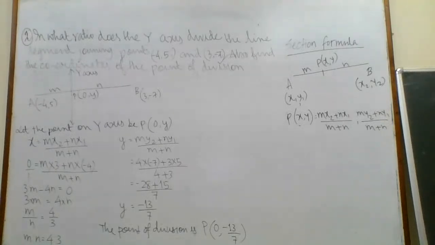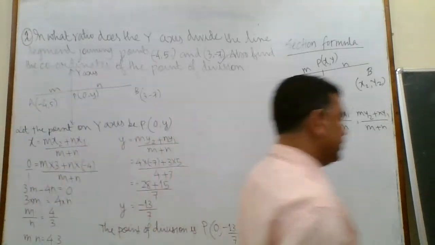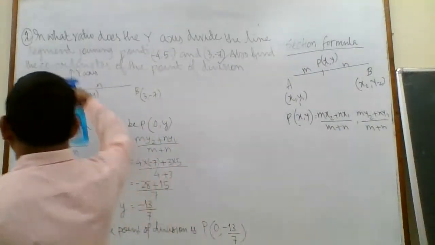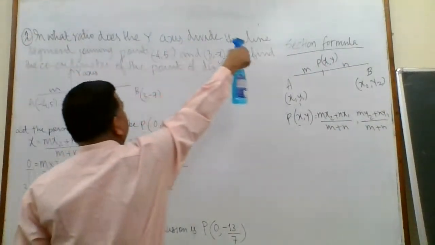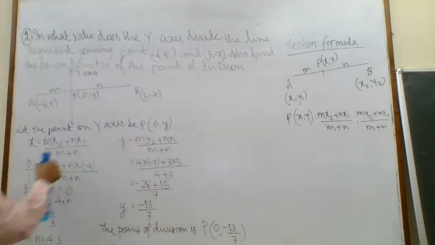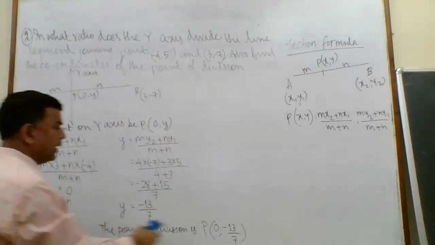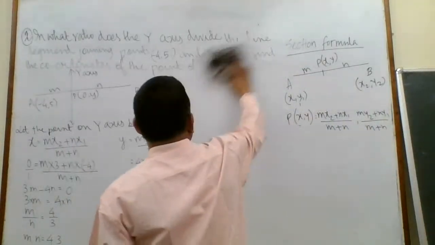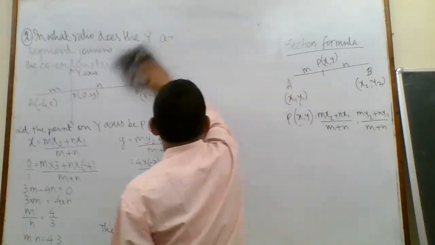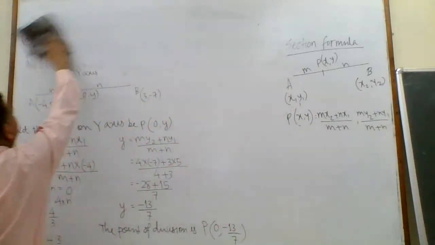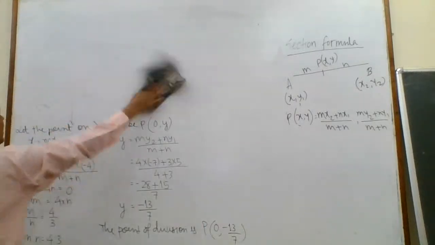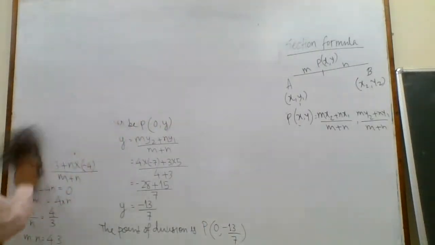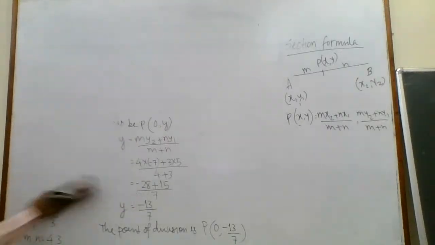So these are two identical types of sums where in one case the line segment was divided by the x-axis, whereas in the other one the same thing was done by the y-axis. And last day we had seen another question where, in place of the point being on the x-axis or y-axis, the complete coordinate of the point was given, that is both x and y.